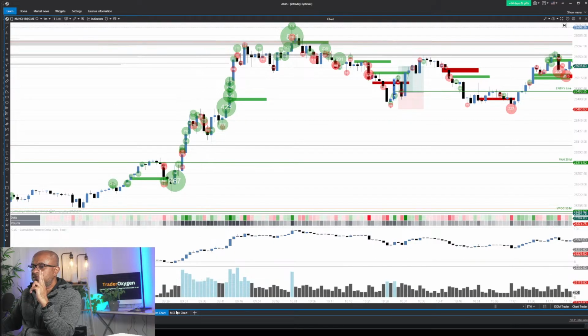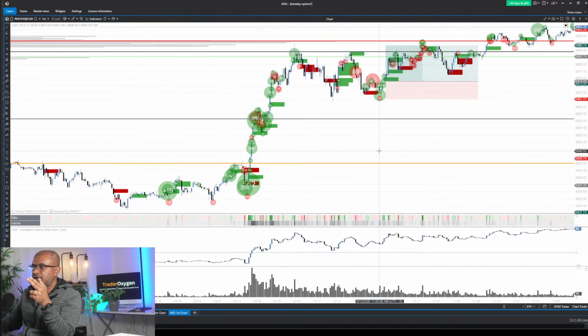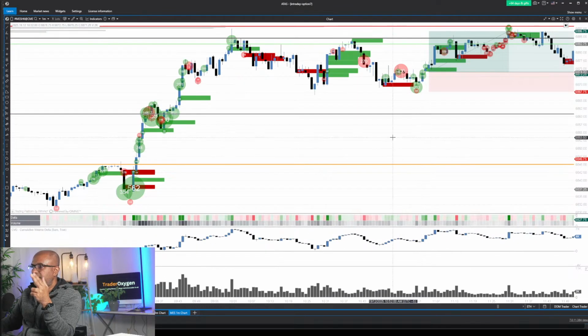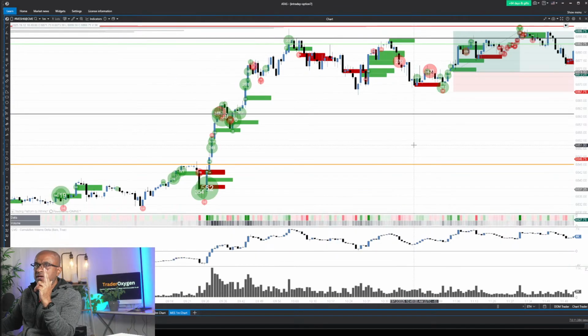What we did was, we were on this micro mini Nasdaq index futures chart, and we jumped into the S&P 500 chart. We noticed at that same time, over here in the S&P 500 1 minute chart at 11 o'clock, we see more green bubbles.